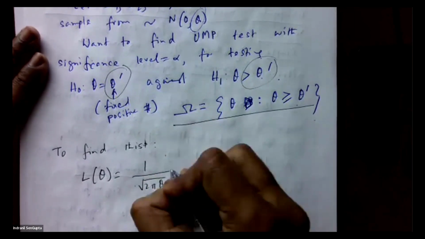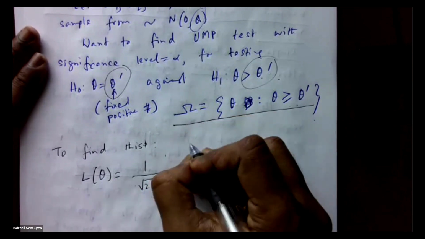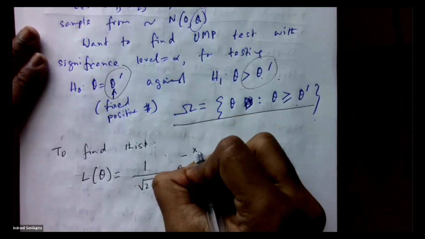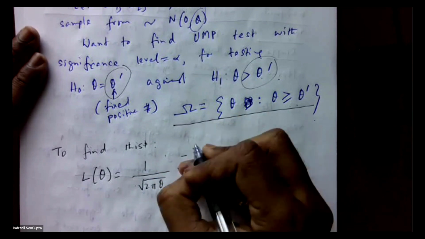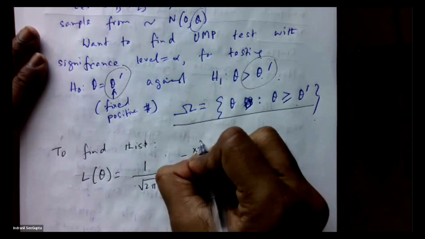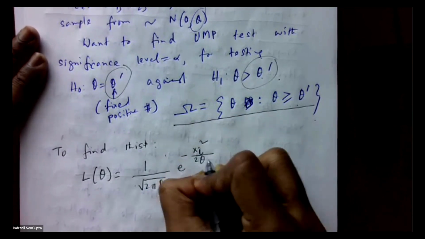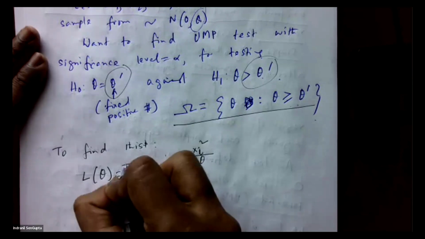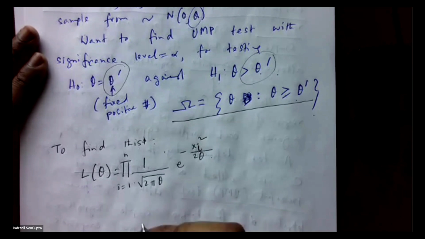And I'm writing for x1 first. So e to the minus xi squared over 2 theta. And I have to take the product of all possible, so i from 1 to n.